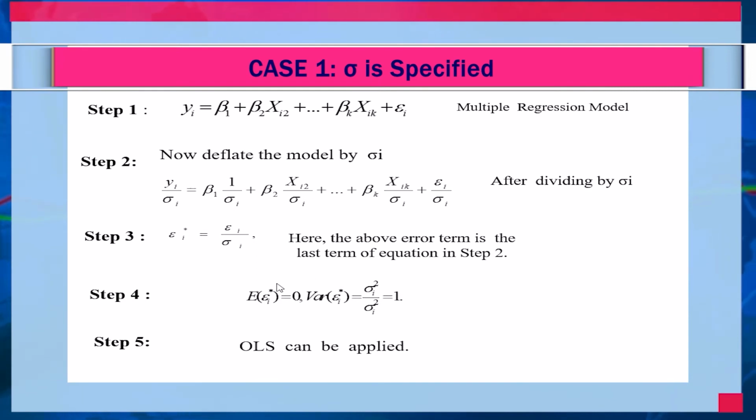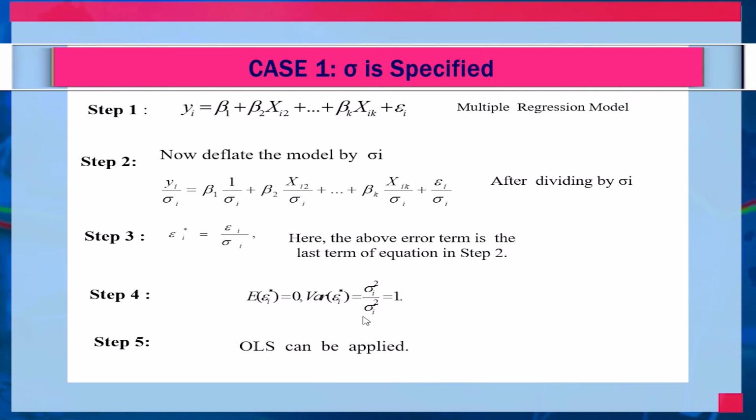So we know by the OLS assumptions that the variance of epsilon i star is 1, because sigma i square by sigma i square cancels out and we get a constant variance, and the zero mean assumption. So based on these two OLS properties, we can now say that OLS can be applied.